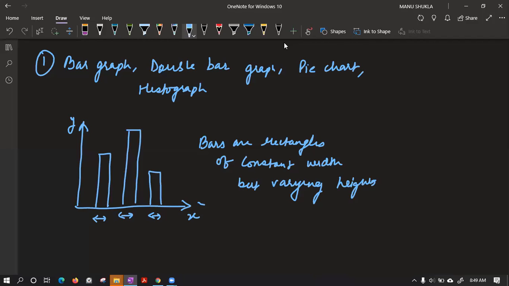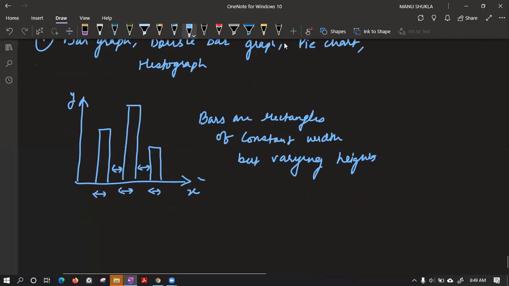We discussed this in chapter 5 only. This is the concept of bar graph that we have seen. And one more thing is that there is equal spacing between the bars. So this also we need to keep in mind.